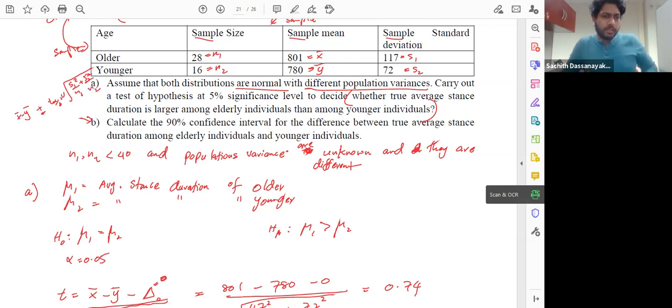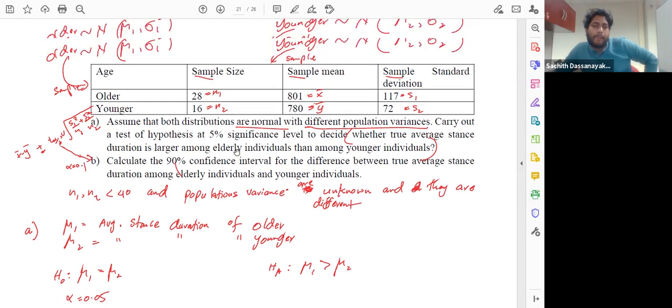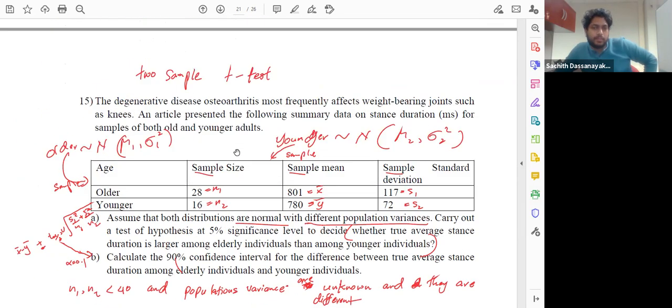Using this you can find the confidence interval. Here alpha is 0.1. This is chapter 8. Yes, chapter 8.